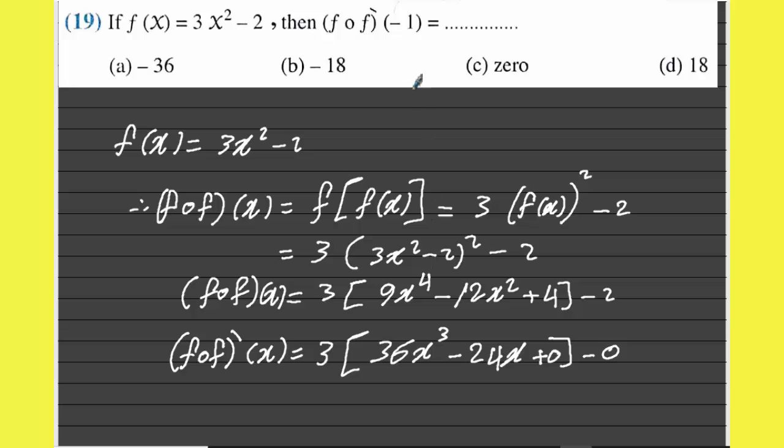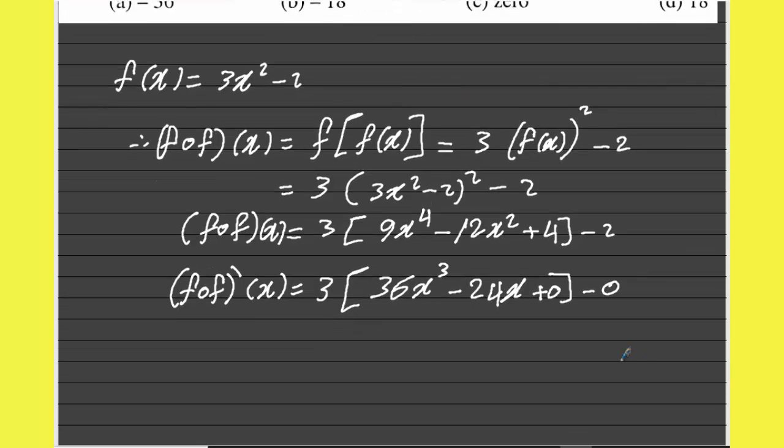Now substituting x equals negative 1, what do we get? We have f circle f dash of x equals 3 multiply 36x power 3 minus 24x when x equals negative 1.